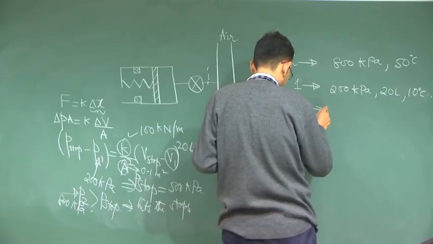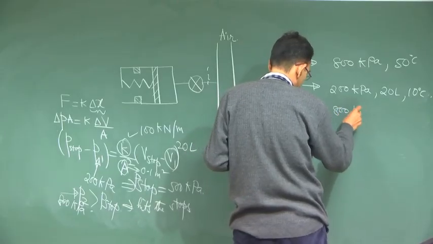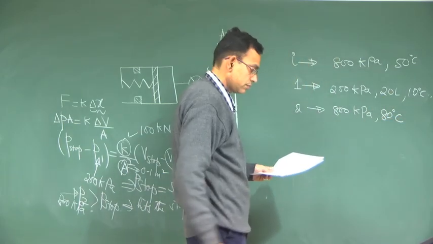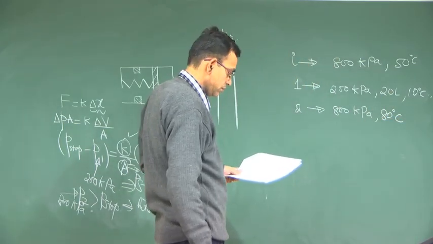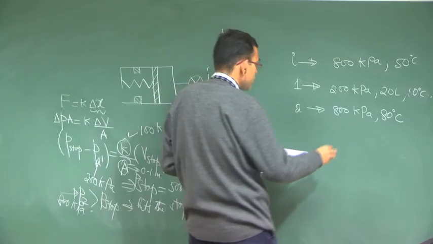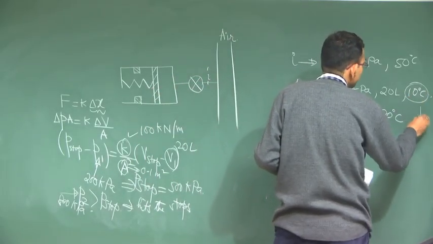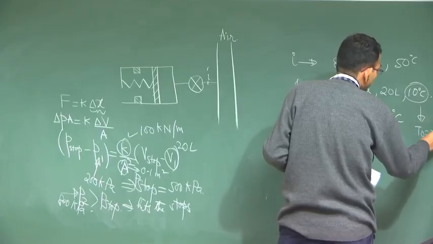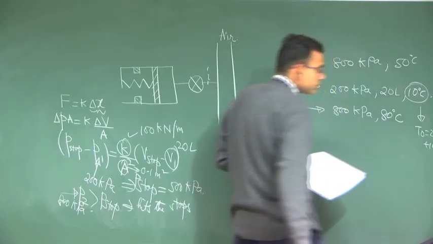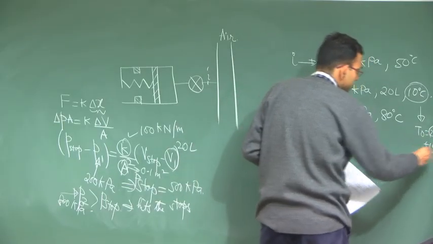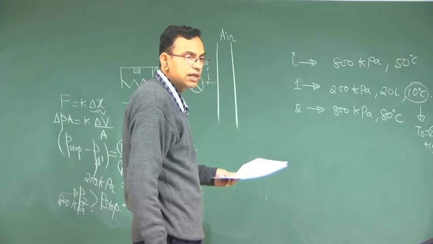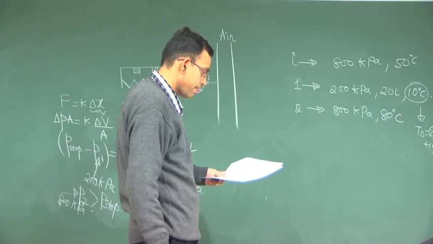State 2, 800 kilopascal, 80 degree centigrade. And T0 is this one, 10 degree, 273.15 plus 10 Kelvin. Ambient is 10 degree centigrade, that is given.